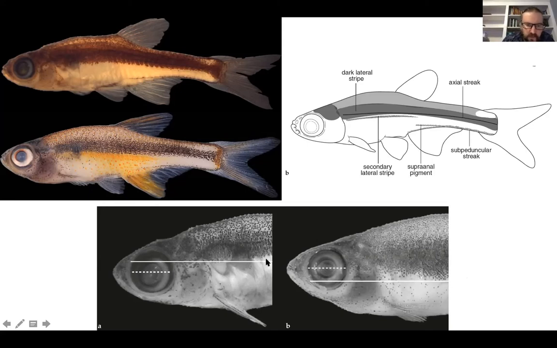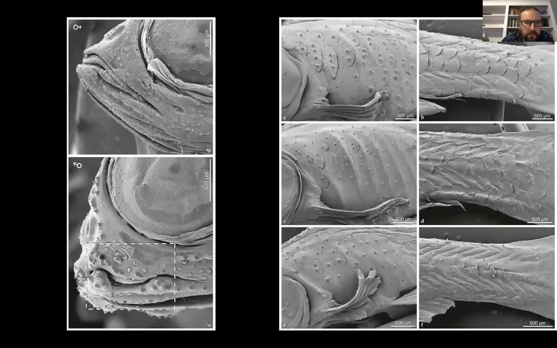In this individual on the left, that's not the case. The dark lateral stripe is much narrower, and it doesn't extend beyond the center of the eye. So using these types of characters, we were able to diagnose multiple species.